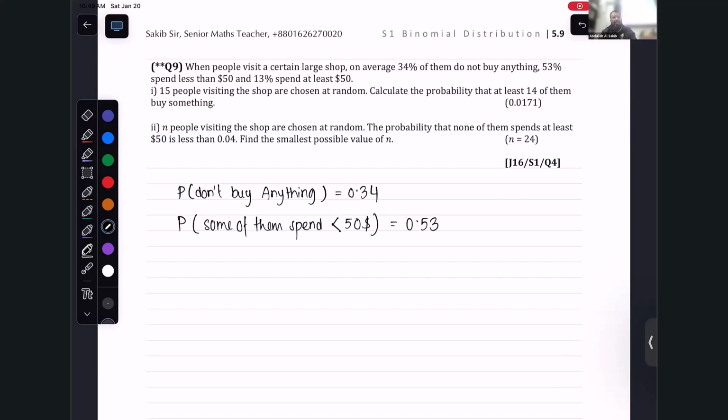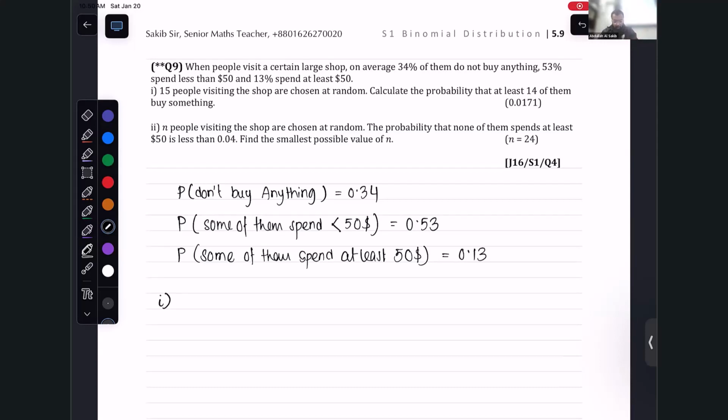And 13% spent at least $50, so the probability of spending at least $50 is 13%. That means 0.13.